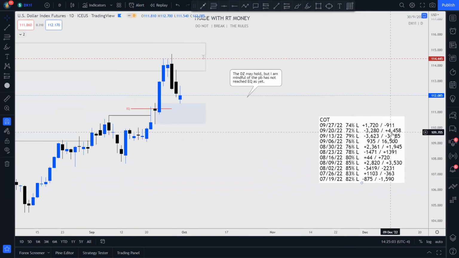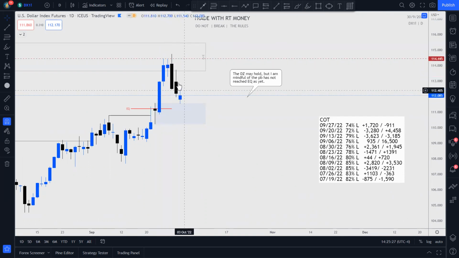You can see last week they added some shorts, 4,000 shorts, while they were closing long positions. What does that tell you? The week prior to that, they were closing more long positions. They were taking profits, and when the big boys take profits, prices tend to fall.